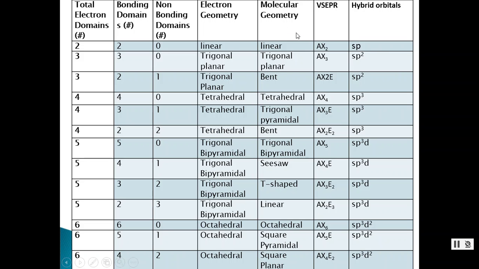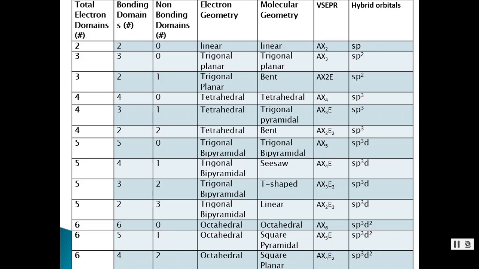So the last 3 columns of this chart organize the molecular geometry and VSEPR notation for a molecule based off of the Lewis dot structure, and also say something about the hybrid orbitals that the central atom uses to make those connections to either the terminal atoms or the lone pair.